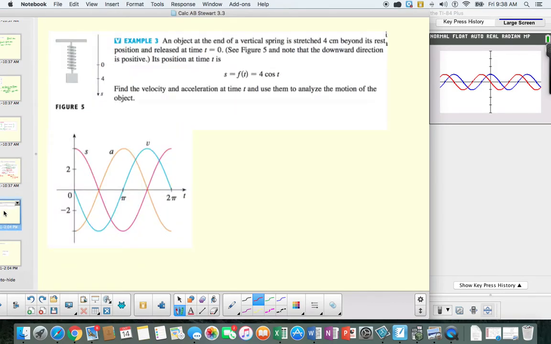All right, let's take a look at using it with a spring. And here's our spring model for displacement, and we'd like to find the velocity and the acceleration. So velocity, remember the derivative of cosine is negative sine, and let's take a look at that. So here's my velocity curve right here.